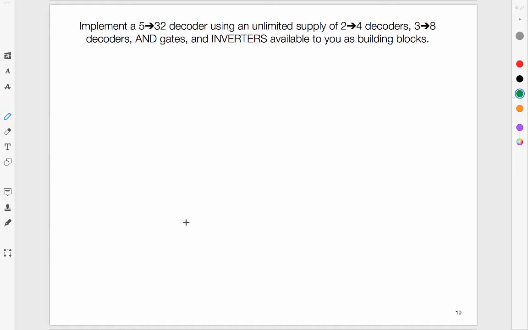Again, let's imagine that you would like to use decoders, not just make this thing out of AND gates. Can you suggest some strategy using these decoders? Let's start with: if I were to say use only 2 to 4 decoders, what would your strategy be?